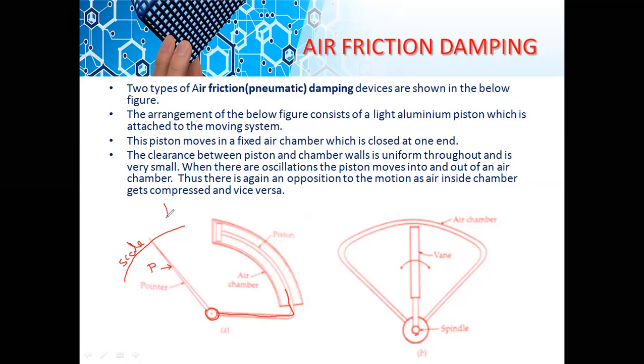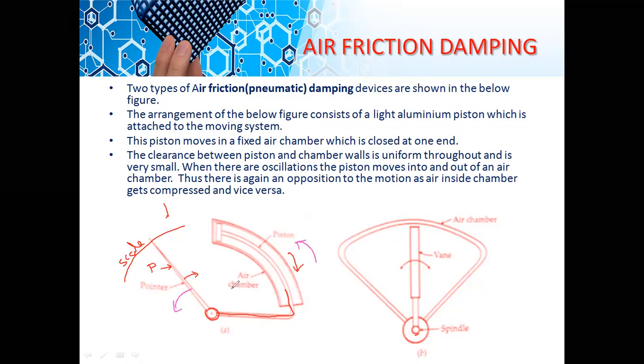Here in this case also, when the spindle moves, the piston also moves inside the air chamber. When the spindle is moving in clockwise direction, the piston movement will be this way. When the spindle movement is in counterclockwise direction, the piston movement will be in the counterclockwise direction.